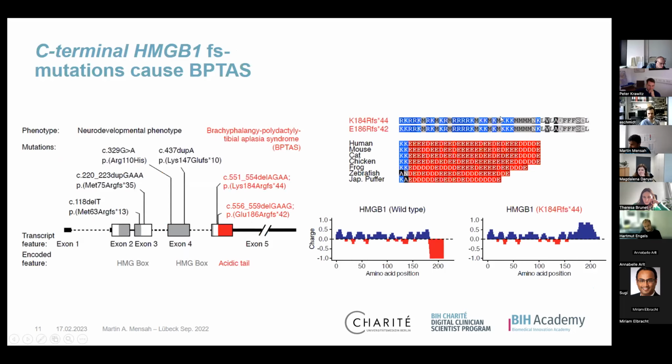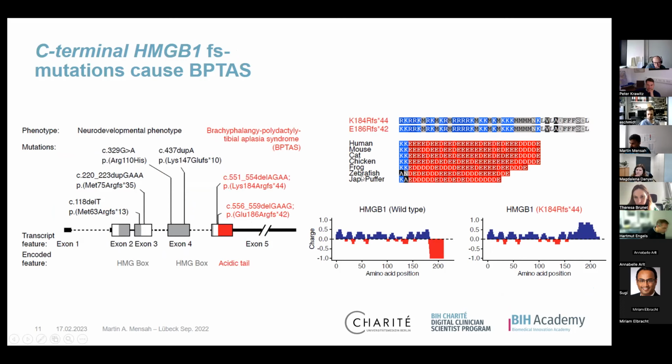And this resembles what we see here. So this is disordered, then this part is also disordered in those newly formed C-terminal tails, but this hydrophobic patch appears to be ordered.